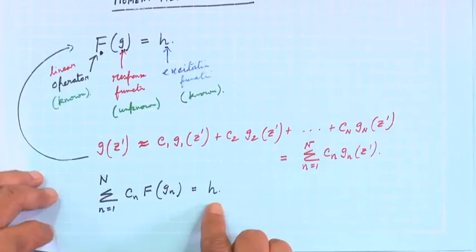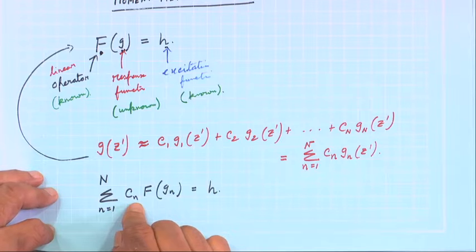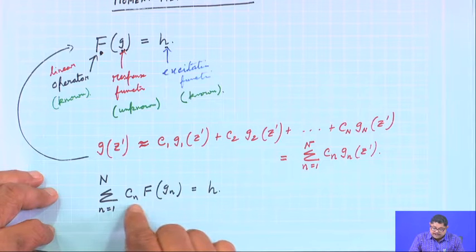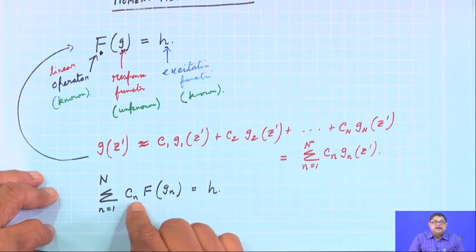Now, the question I raised here is that I have created one equation, but I have created unknowns, capital N number of unknowns. So, how to solve that?